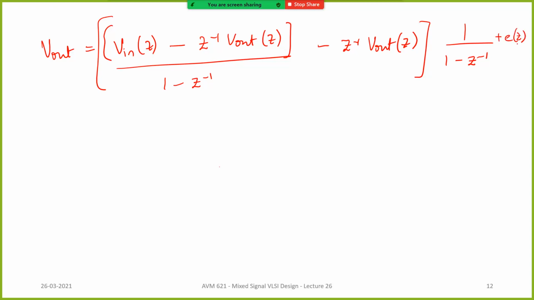Let us write this expression with 1 by 1 minus Z inverse as the common denominator, leaving E of Z separately. What do you have?